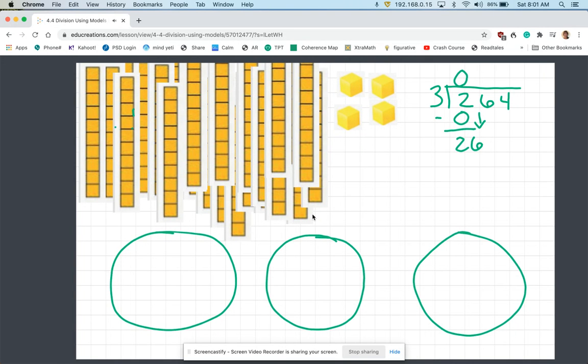Okay, so now you're going to be thinking in your brain, 3 times what is 26? Or how many am I going to be making? How many am I going to be putting in each group? 3 times 9 is 27. That's too big. I'm going to estimate I have fewer than 9. Let's start passing.